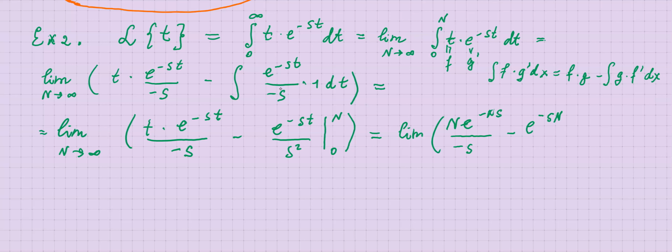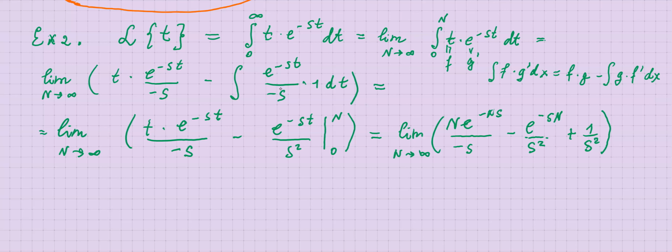And s n divided by s squared. At 0, this term is going to be totally 0, just because 0 multiplied by anything is 0. This term is going to give me plus, because it's supposed to be minus according to the Newton-Leibniz formula, but because it has minus already, it's going to give me 1 over s squared. Something like this, and n goes to infinity.